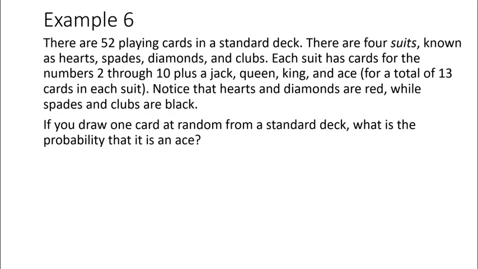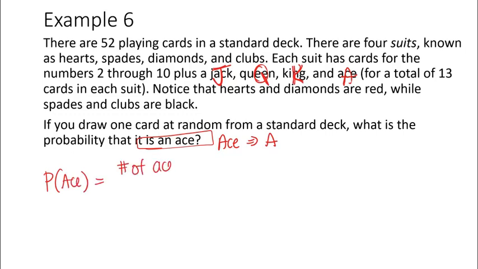So if you draw one card at random from the deck, what's the probability of getting an ace? So the aces are the ones with the A on it. Jacks have a J, queens have a Q, kings have a K, aces have an A. So if I'm looking for the probability of getting an ace, that's just the number of aces out of the total cards.